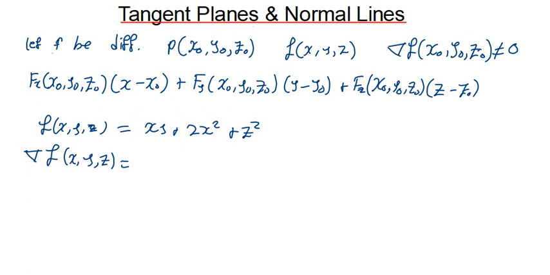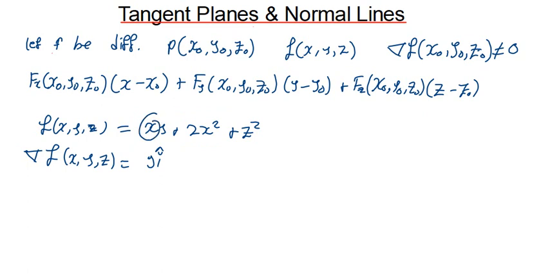When you differentiate this with respect to x, you're going to have y in the i. That's a product of two functions, differentiated with respect to x, I get a y.